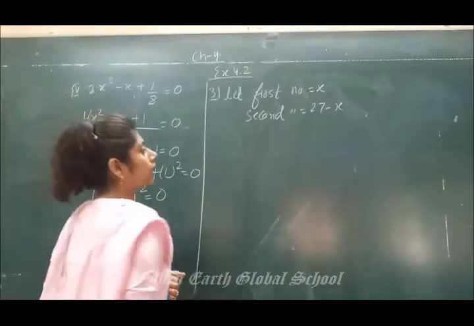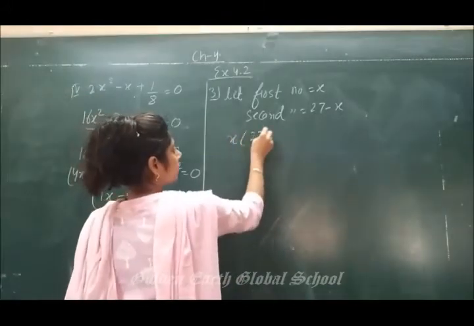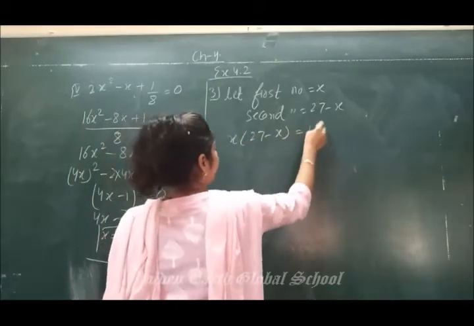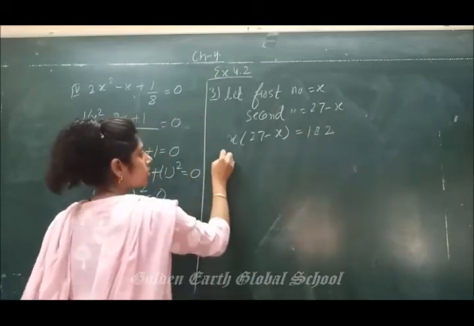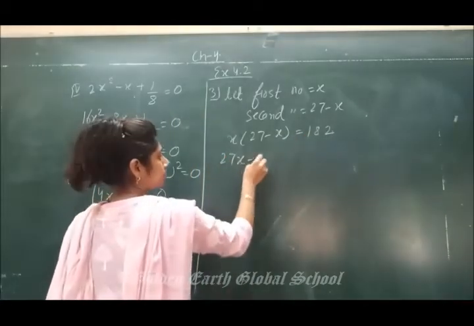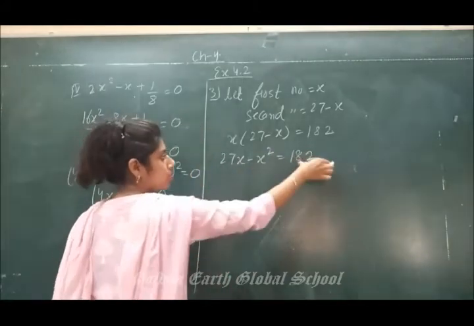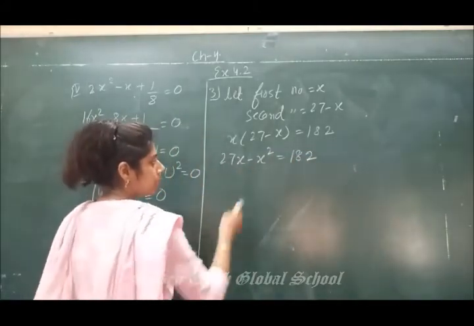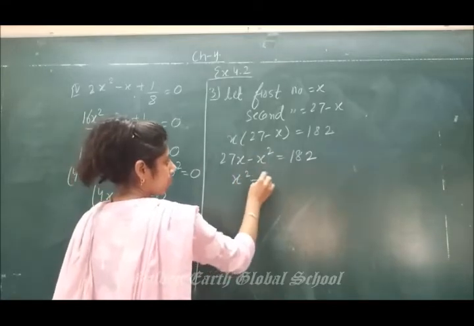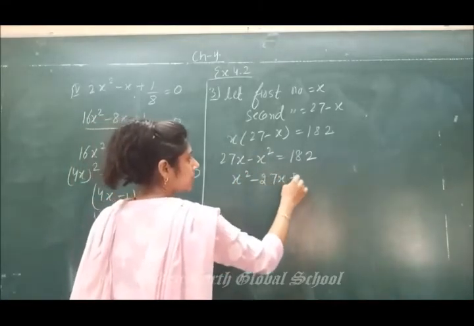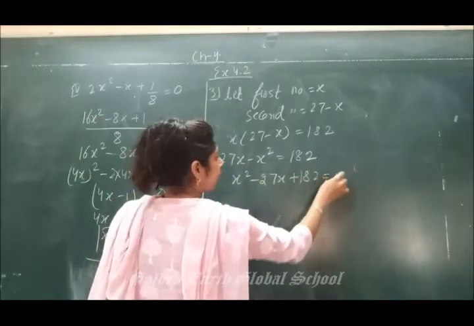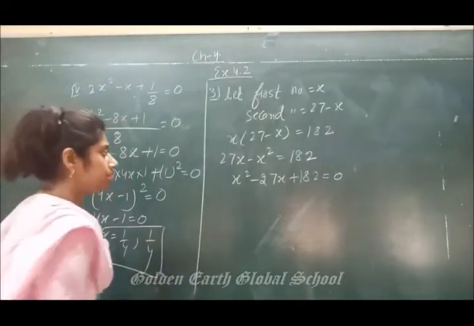Now their product is 182. So the equation will become, shift both the terms to the right hand side, the sign will be changed: x square minus 27x plus 182. Now factorize it.